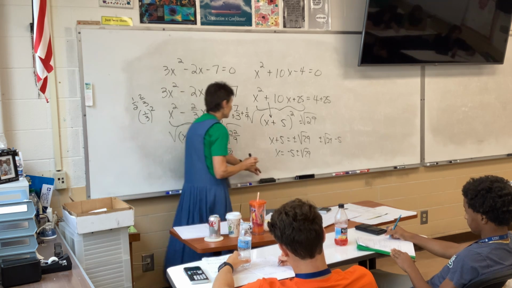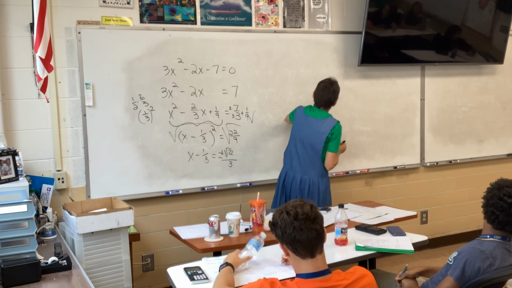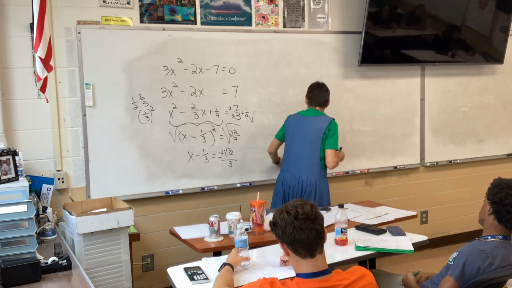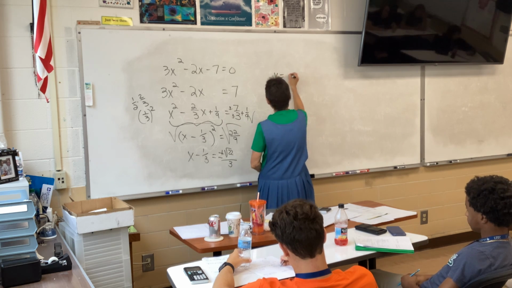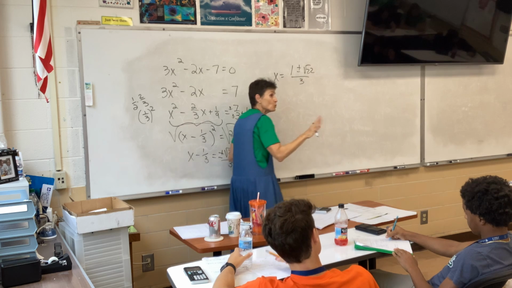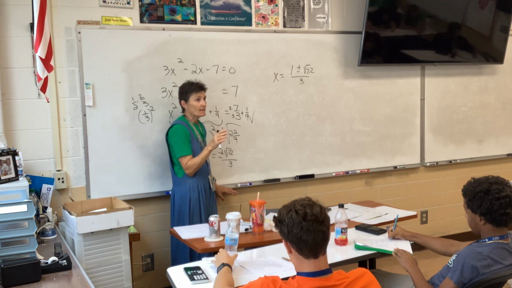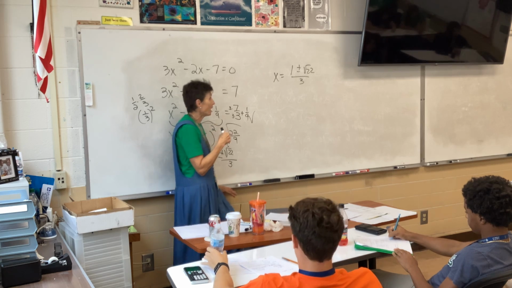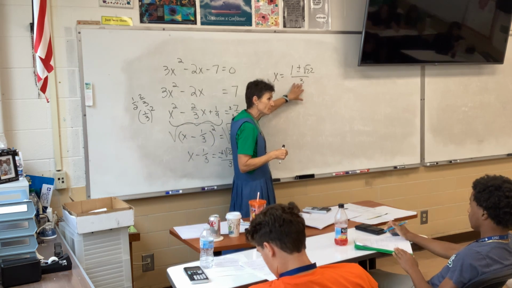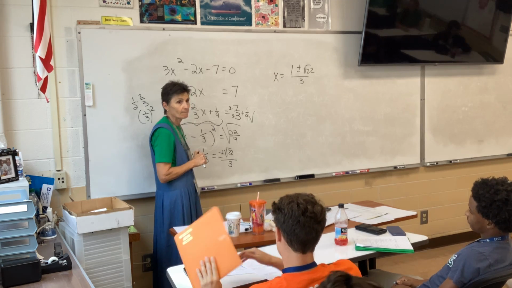And then, since they both have the same denominator, you can either just add that 1/3 over, or you can write it as one fraction, 1 plus or minus root 22 over 3. You can write them separately or together, it doesn't make any difference. If we were doing the quadratic formula, this is the way it would have come out, but when you complete the square, it doesn't have to be one.